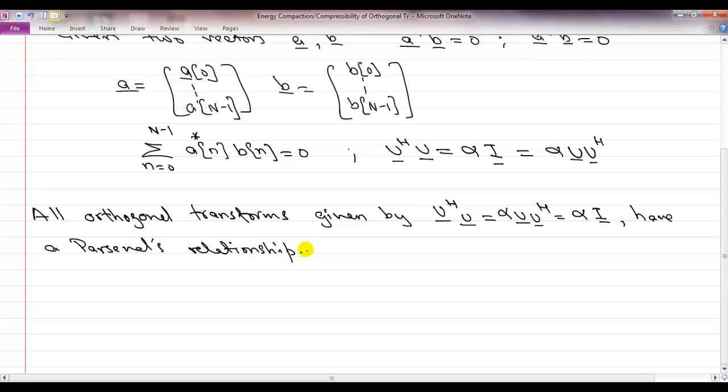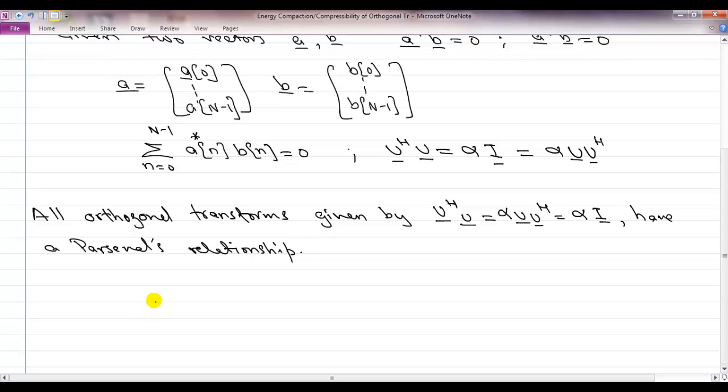So we have seen that many times in the DFT case, but that Parseval's theorem or the Parseval's identity is actually more general than just Fourier transform. It's actually a property of any orthogonal transform.